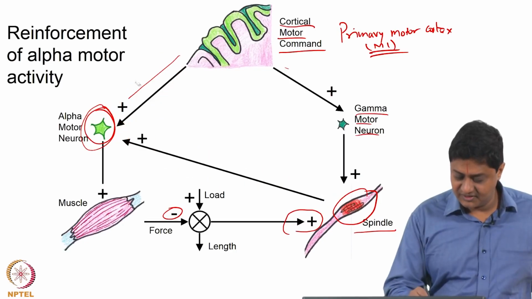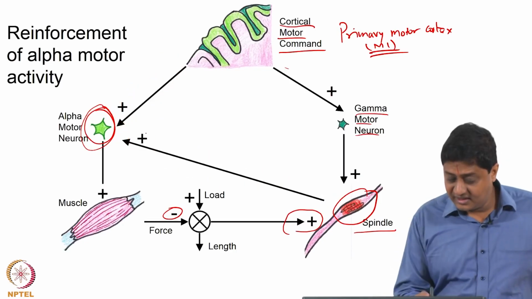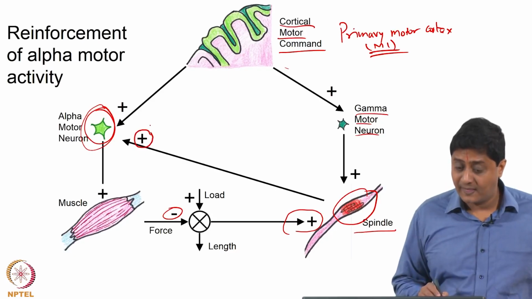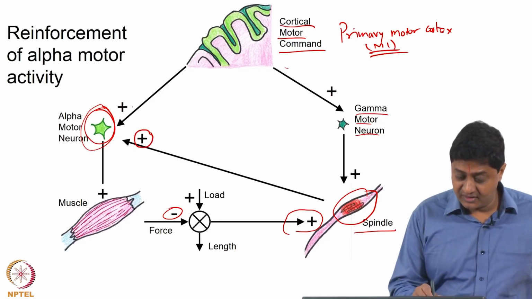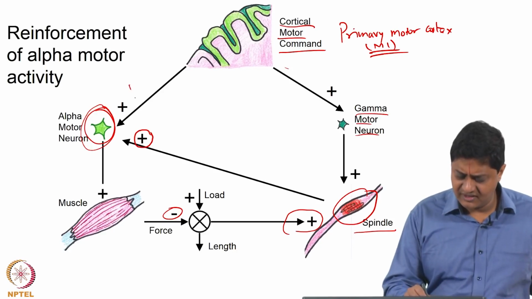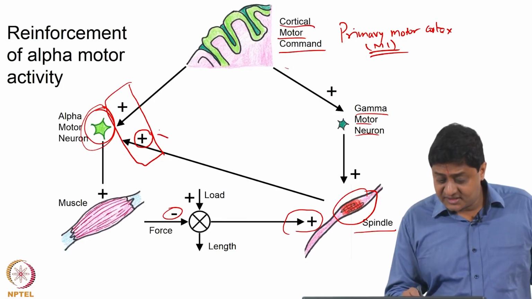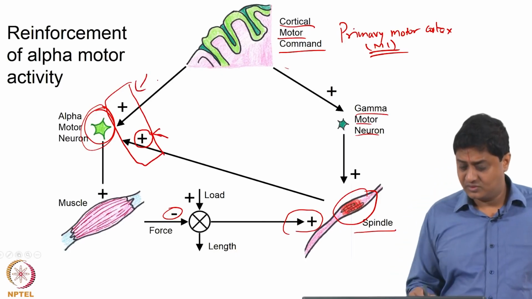So, let us see what happens. In the case of reflexes, it is only this that is acting. In the case of real everyday movements, what is actually going on is a combination of this, but you are not observing which one of these is contributing how much.